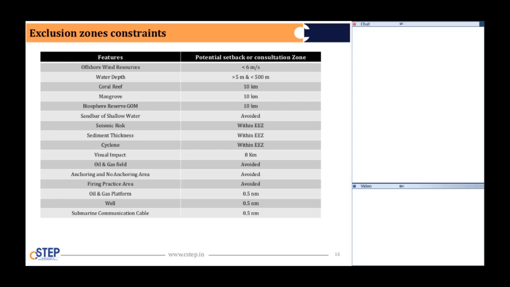Greater than 500 meters was impossible because we would not have the technology. Similarly, setback zones, the buffer areas, were excluded for coral reefs, mangroves, bioreserves. A region of up to 10 kilometers from these zones was excluded from development. Visual impact, we set a limit of 8 kilometers. Oil and gas wells and submarine communication cables were all at half a nautical mile.